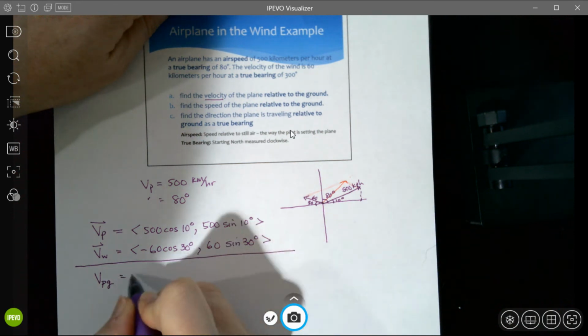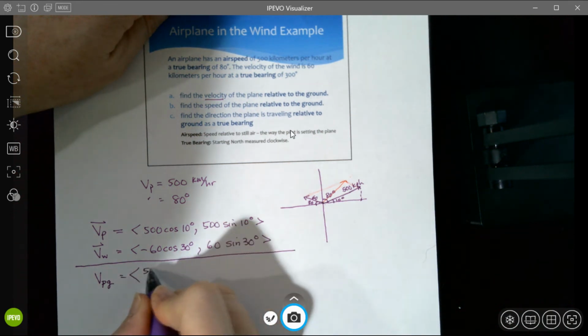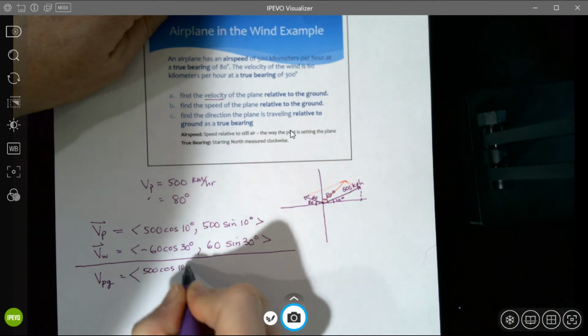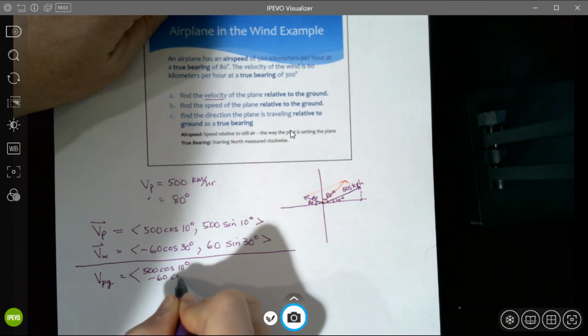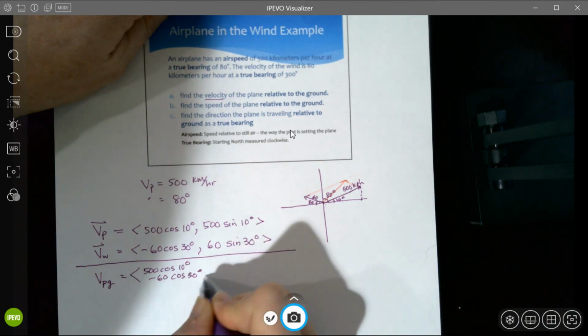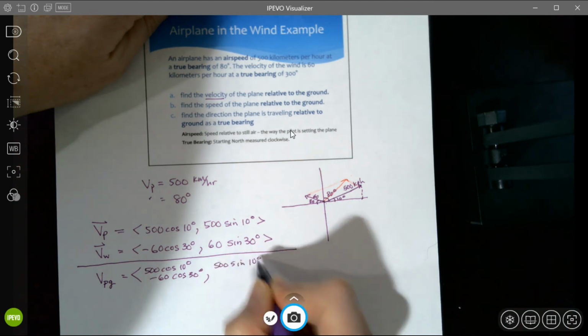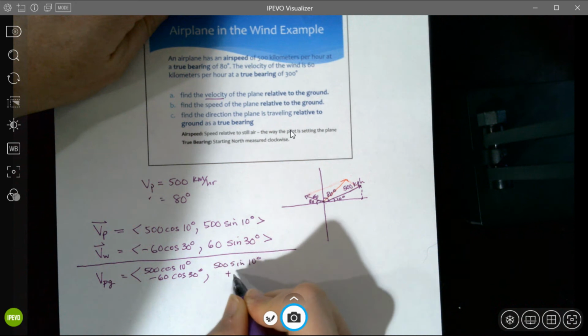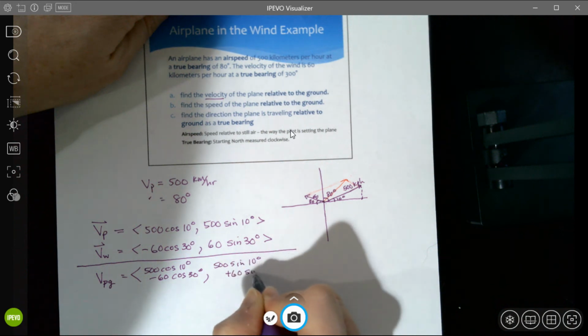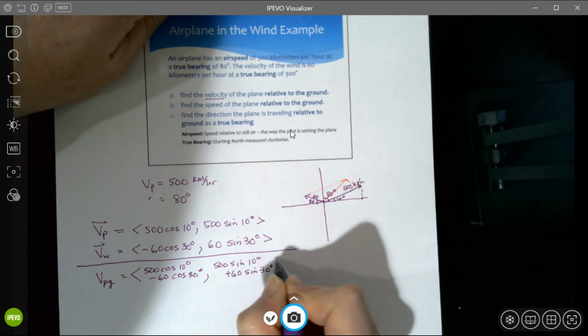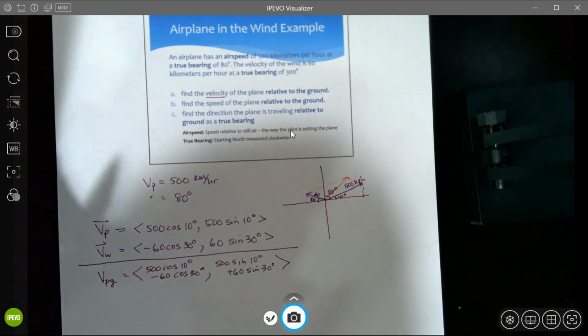Okay, so I'm going to have to add these. 500 cosine 10 minus 60 cos 30, and then 500 sine 10 plus 60 sine 30. And I can do this with my calculator.